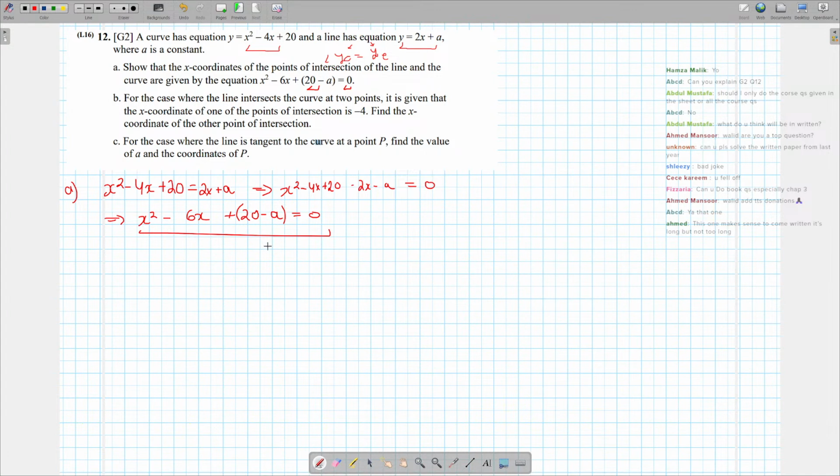This one makes sense to come written. It's long, but not too long. Honestly, if you want my honest opinion, I think in the written, they're gonna get one question to do with using the first derivative to find the stationary points, so using the table of sign. And for part B of that question, I feel like they're gonna ask you to find the intervals on which it's concave up and the intervals on which it's concave down.